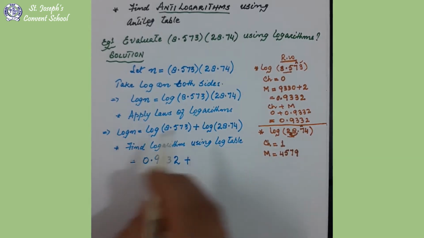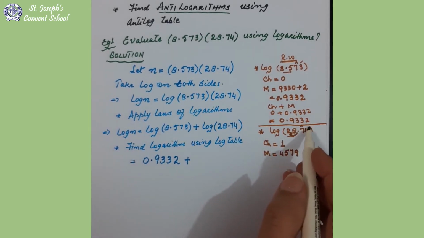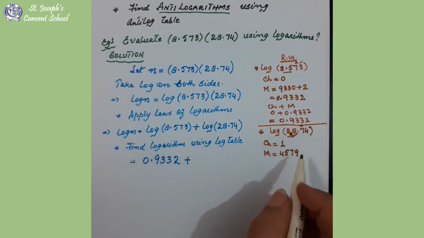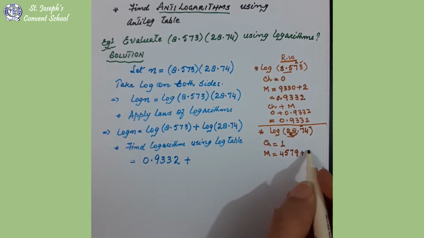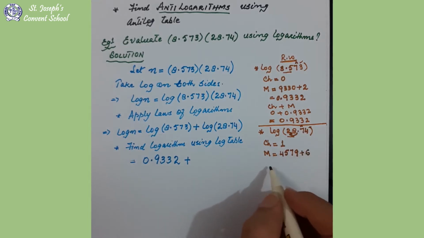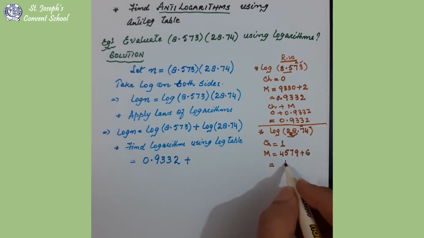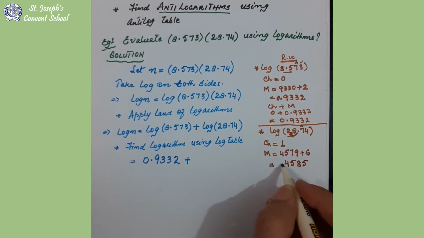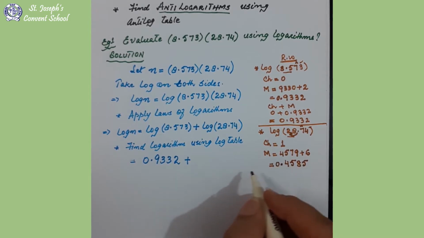Then after this, 4 you will check in the mean difference column. The value of 4 in the mean difference column is 6, so we will add 6. You will check this in the table. Okay, so after adding you will get 4585. After adding you will put the decimal here and 0.